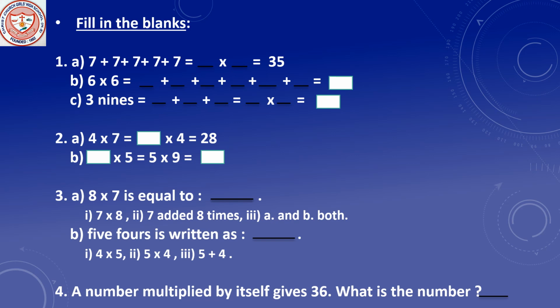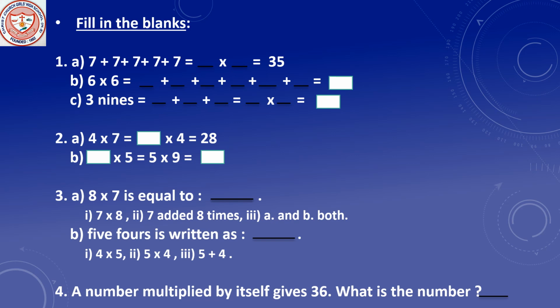Number C. 3 nines. 3 nines is equal to dash plus dash plus dash is equal to dash into dash is equal to dash. So, again, you have to write the multiplication fact.